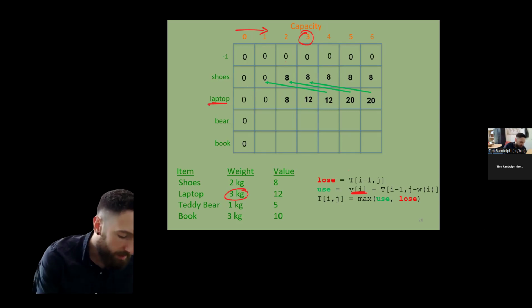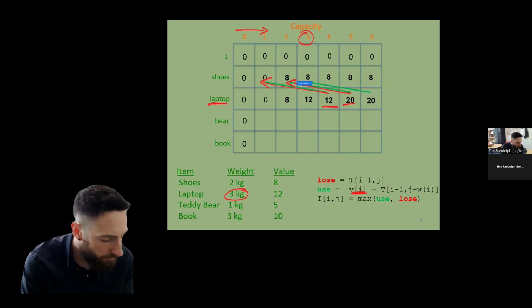So for this cell, we reference this cell and add the value of the laptop. For this cell, we reference this cell and add the value of the laptop.